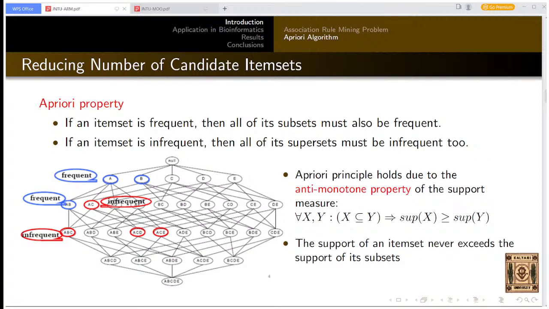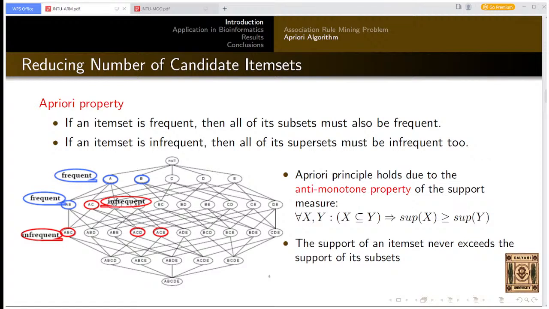If bread, butter, milk is frequent, can we say that bread, butter is also frequent? If bread, milk, butter has support, suppose 5, can bread, milk have support greater than or less than 5? Can it have less than 5? It can be 5 or more, right? Agree?